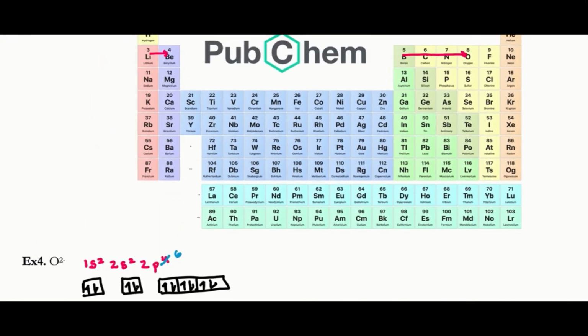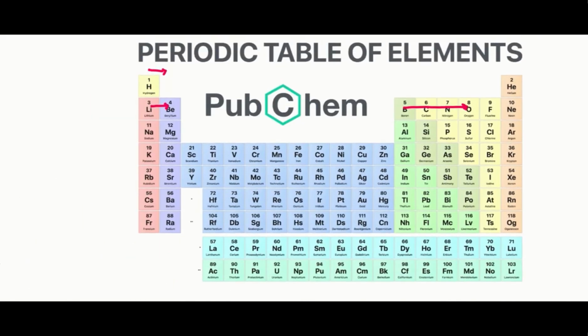Let's look quickly at potassium itself. So not as an ion, potassium would have an electron configuration of 1s2, 2s2, 2p6, 3s2, 3p6, and then 4s1. So let me write it down here.